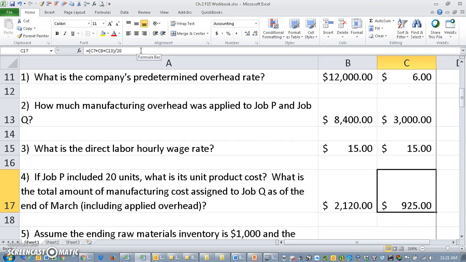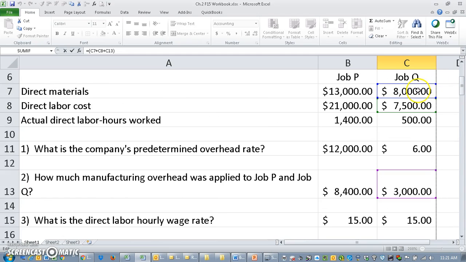They're going to make the other 5 units in the next month. You would assume that the remaining 5 units would also be produced at a cost of $925 per unit.